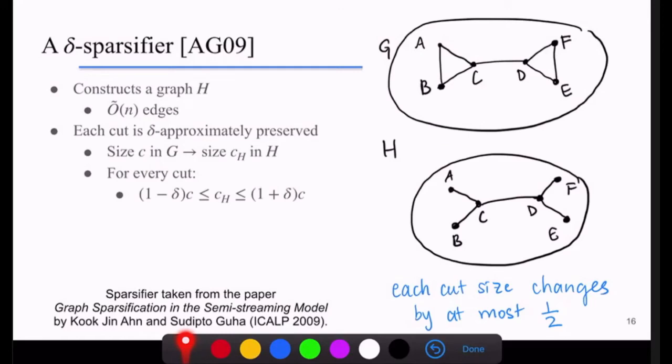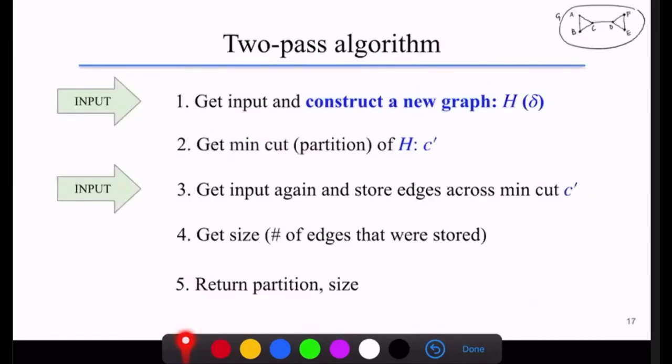Okay, so what do we have so far? Our argument is basically saying we cannot store the entire graph in the first pass. So we're going to store some sparse graph H. And remember, in this part we wanted to get the min cut of the graph.